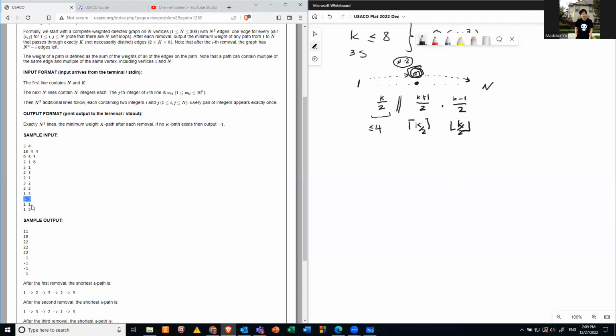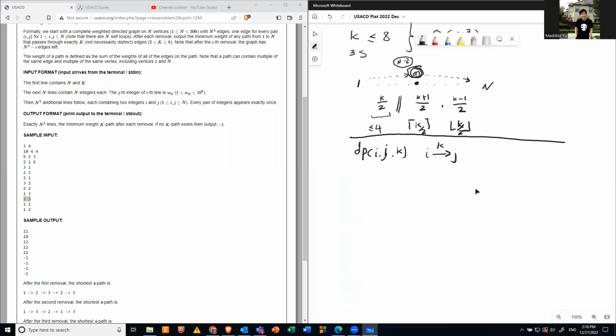So now you can see you can do this by dp, every time you add more edges. So you reverse it. Let's say dp of i, j, k is the shortest distance from i to j with k edges. Okay, that's my notation.